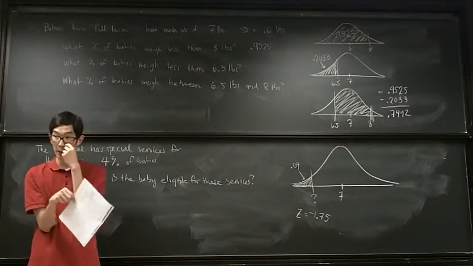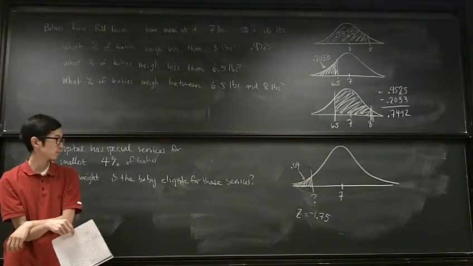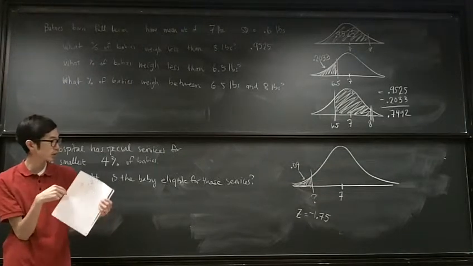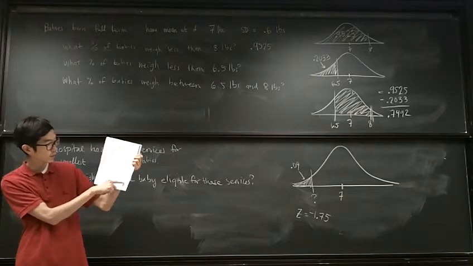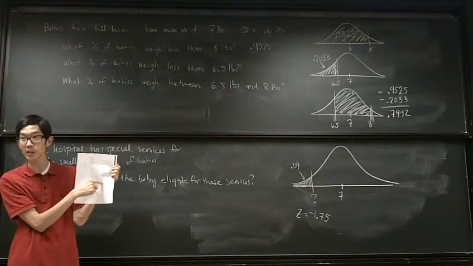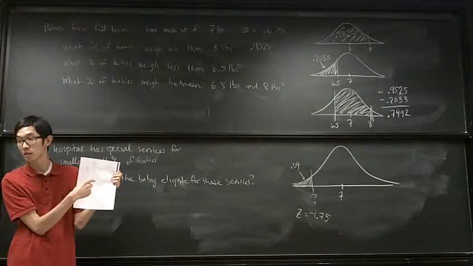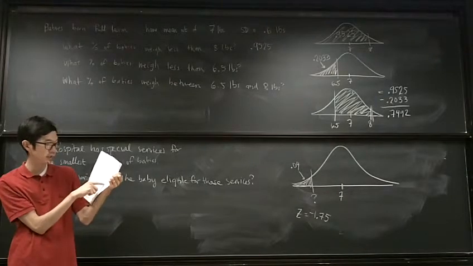I'm not subtracting anything from the mean yet. I'm looking for which z gives me 4%. It's negative 1.75.